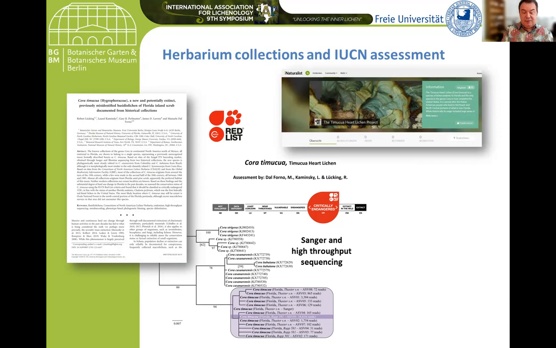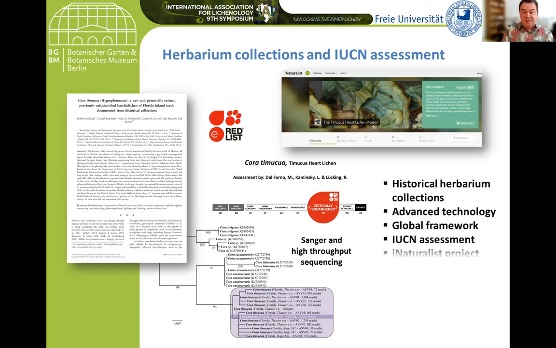Manuela was very successful in generating ITS sequences, both from Sanger and from high throughput sequencing, from these historic samples, in part older than 100 years. We could confirm this is an undescribed species, also based on morphology.